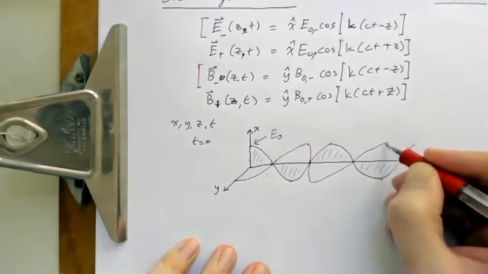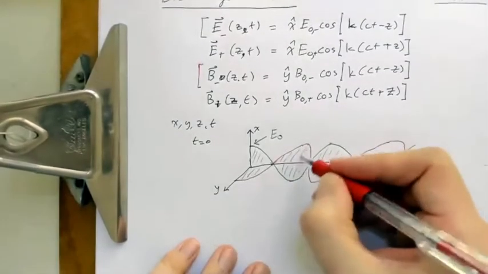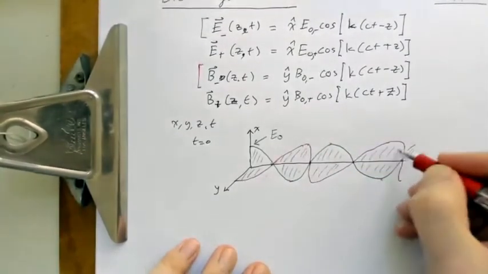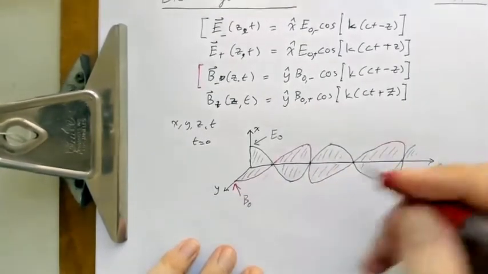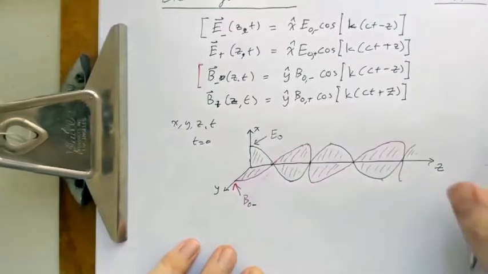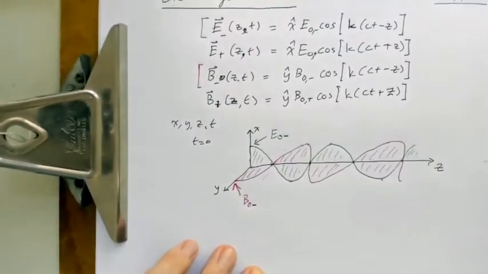It's a little hard to draw, but it's in the y-axis. So this is our B naught, and that's our B naught minus, if you will. So minus for the fact that it's the term that has a minus in the argument.